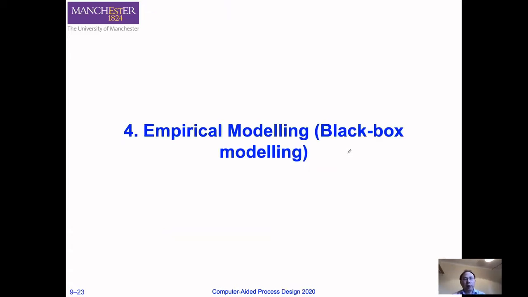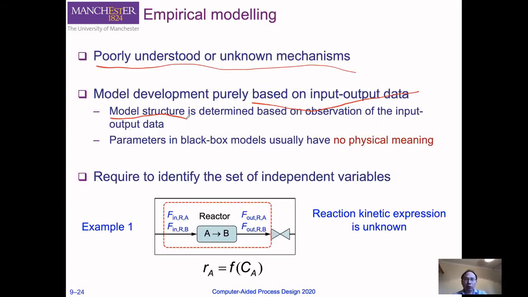Next, we discuss how to use the empirical modeling approach to develop a mathematical model. This modeling approach is also called black box modeling approach. As we introduced in topic 3, when we don't know anything about the process, then we should use the empirical modeling approach.